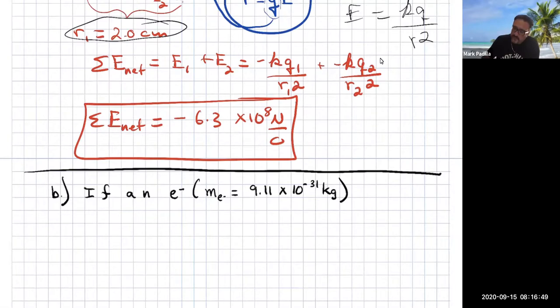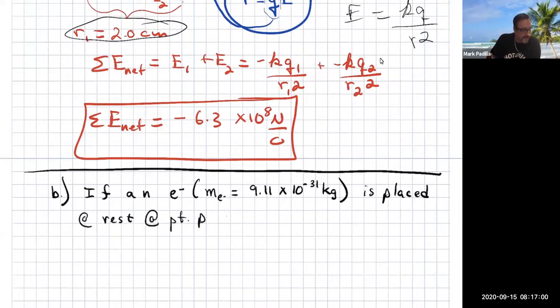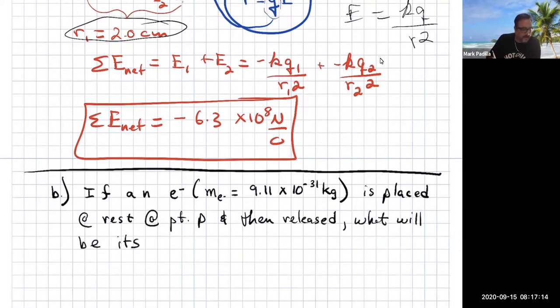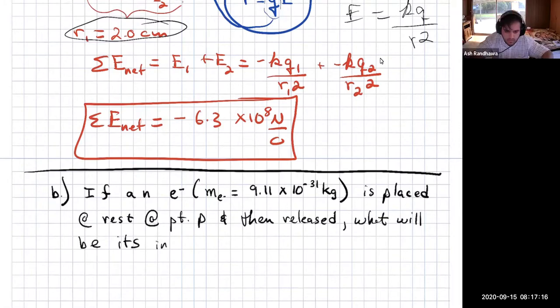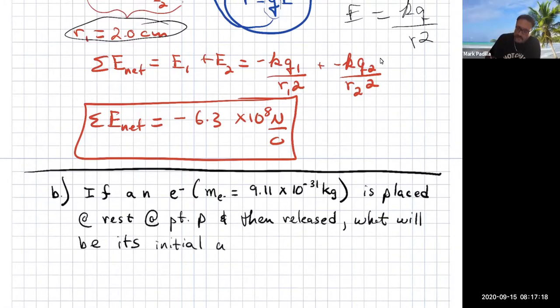So if an electron is placed at rest at point P and then released, what will be its initial acceleration?